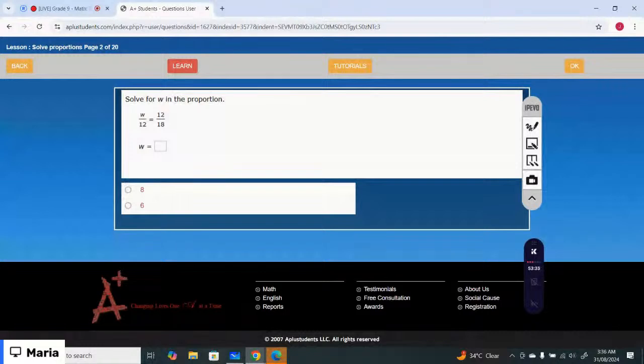So which is the correct option? The correct option is 144 divided by 18. 8 it is. The correct option is 8. Option number 1 is the correct option.